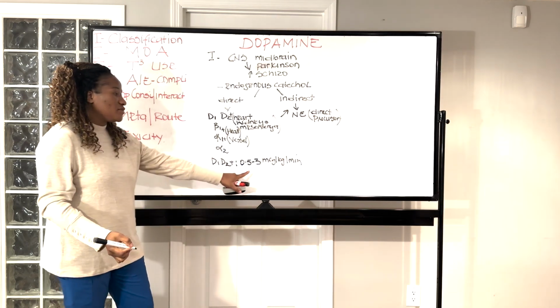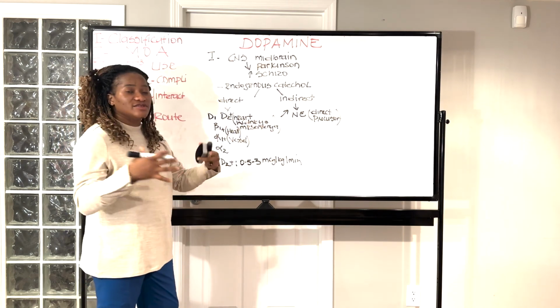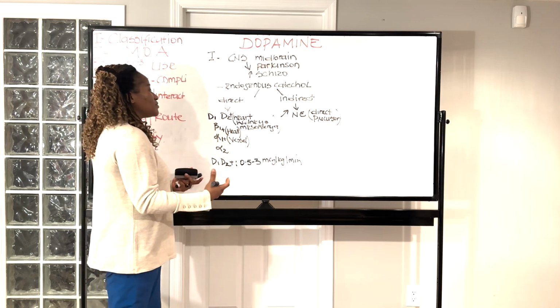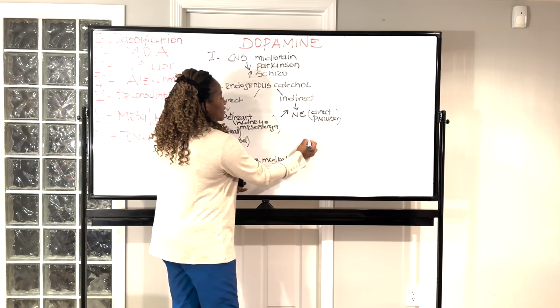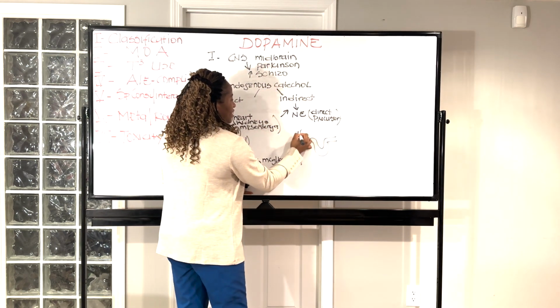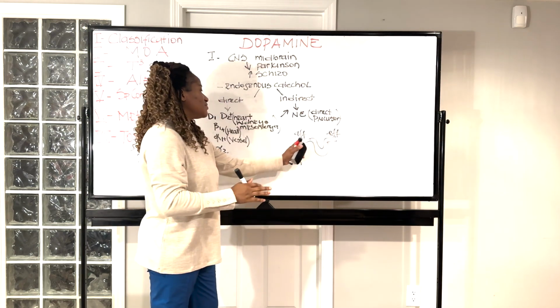So if you give dopamine at this low dose, dopamine is going to act here and vasodilate, right? Mainly on the kidneys. So dopamine is going to vasodilate the afferent arteriole, because when you have your kidneys here, this is the afferent arteriole and this is the efferent, the one that leaves and the one that comes.